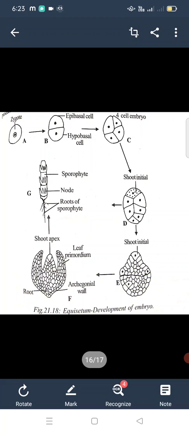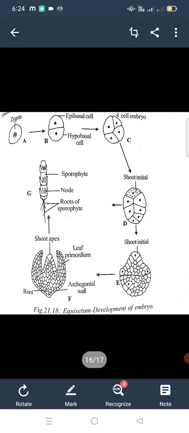The second division is vertical and forms 4 cells, and the 4 cells again divide vertically, producing 8 cells arranged in 2 tiers of 4 each. The largest cell of the 4 epibasal cells develops into the shoot initial and the remaining 3 cells form leaf initials.